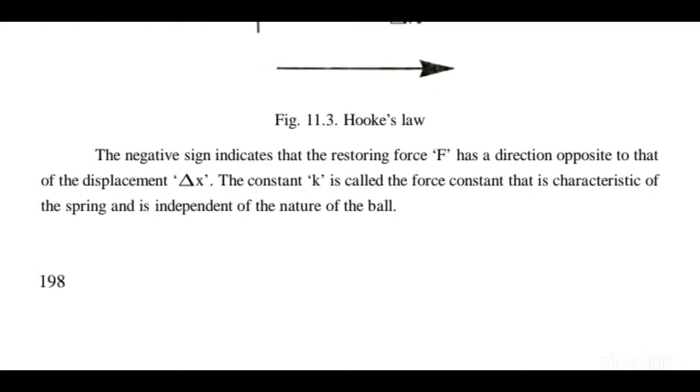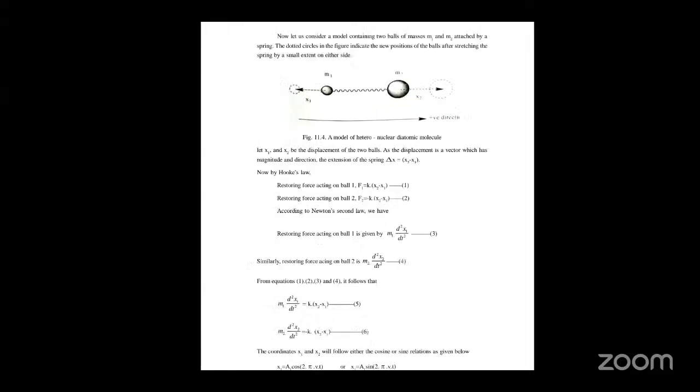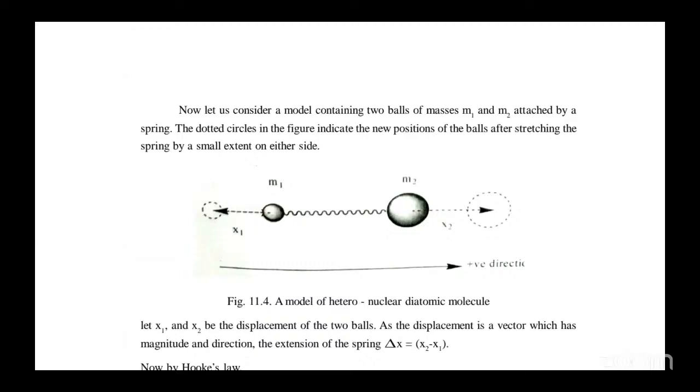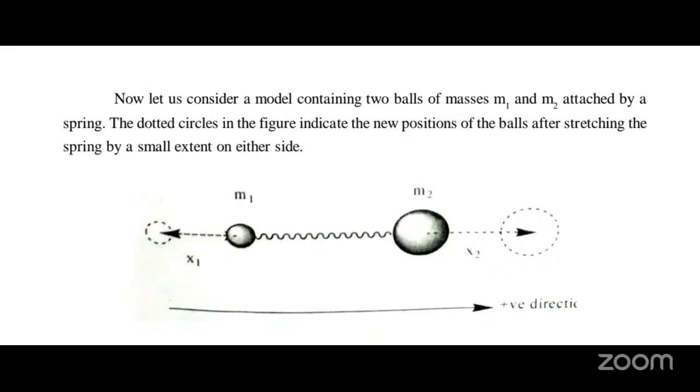Here K is the force constant, which is characteristic of the spring, and it is independent of the nature of the ball. Now let us consider two balls attached to a particular spring. Here is ball 1 with mass M1, and here is ball 2 with mass M2.